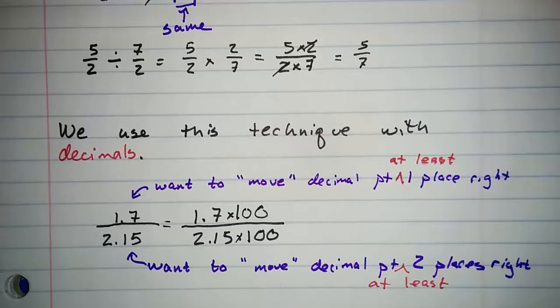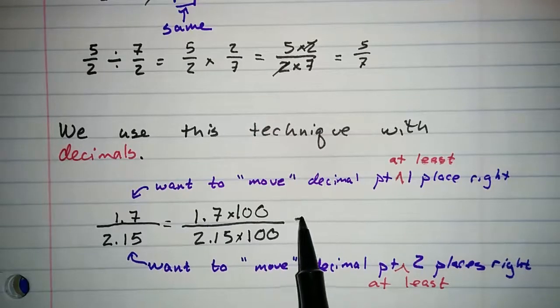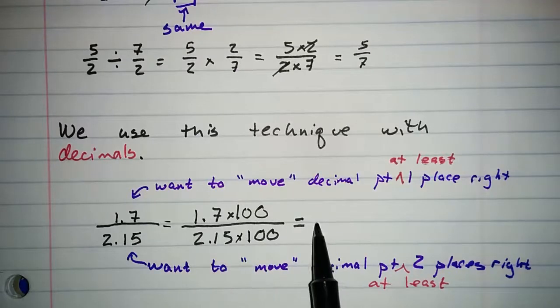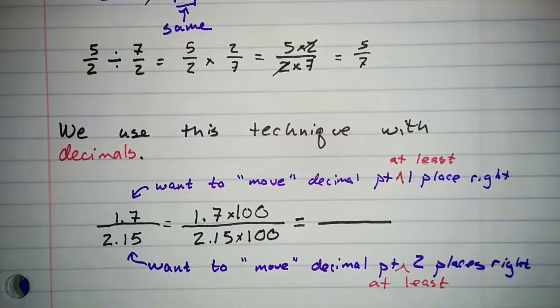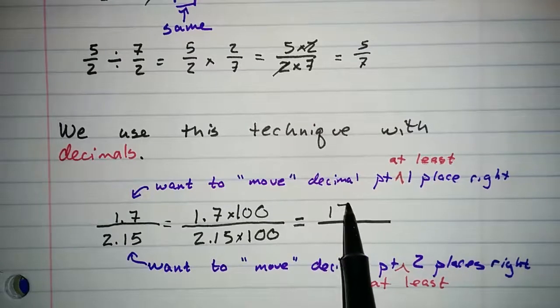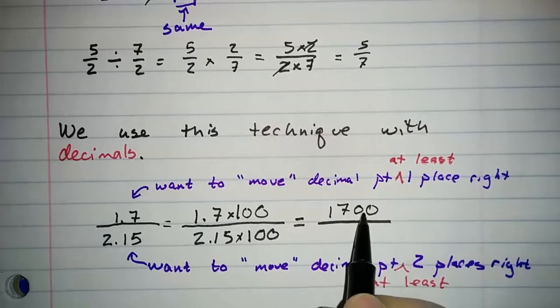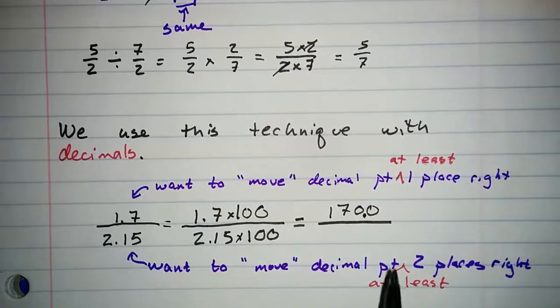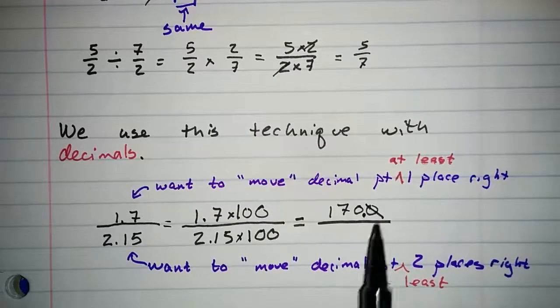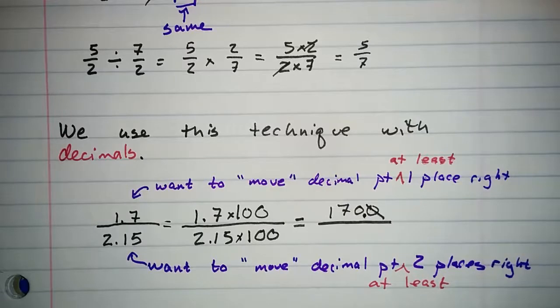Notice, we're multiplying the numerator and denominator by the same thing. Okay. Ignore the decimal points and multiply. I've got 17 times 100. That's 1700. 1 digit after the decimal point. Oh, good. I only have zeros after the decimal point. I'm going to be able to stop writing those.